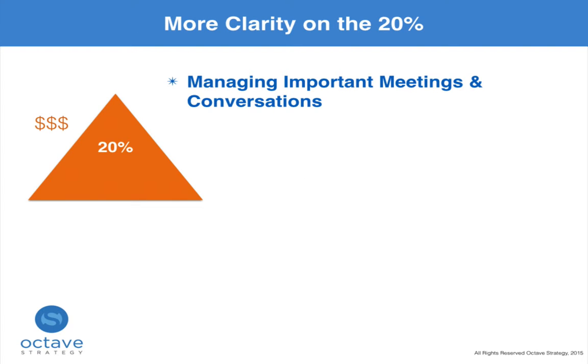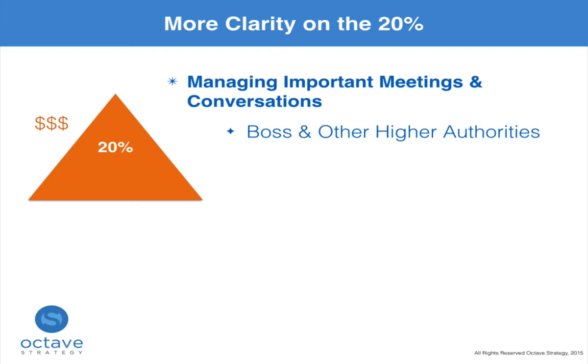When we drill into this top 20%, and we frame it as managing important meetings and conversations, there really are three different groups of people or customers that we need to interact with and that determine the value that we're creating for the organization. The first, most visible and leveraged, will be our boss and other higher authorities within the organization. It's not that we're trying to suck up to them or create an image that we're wonderful.